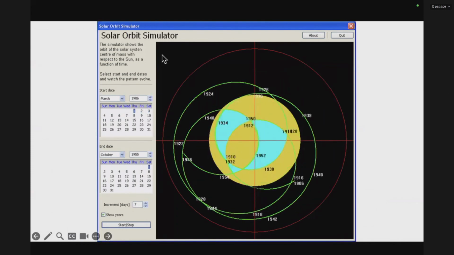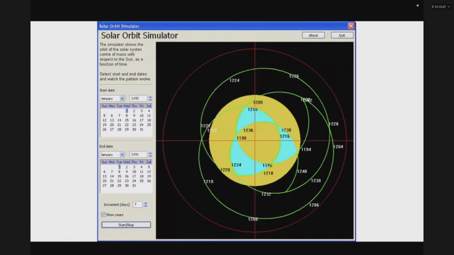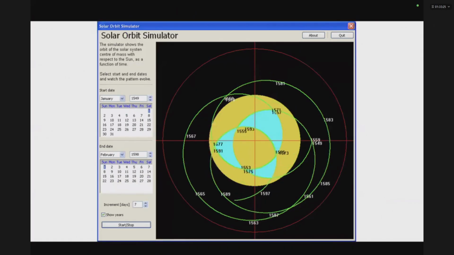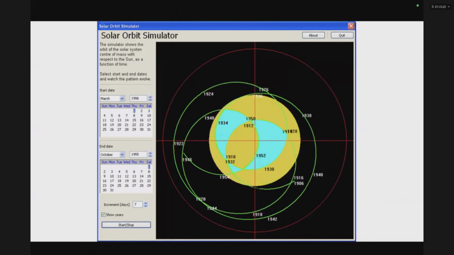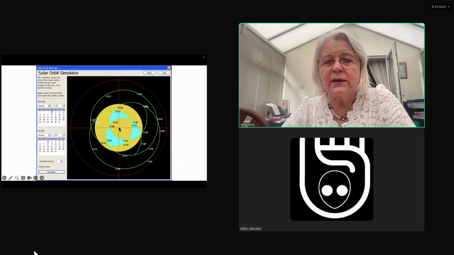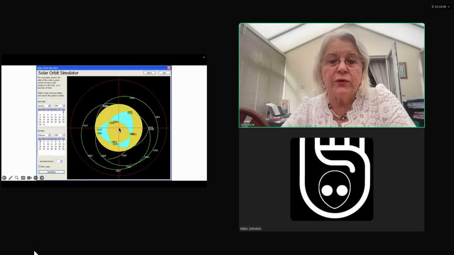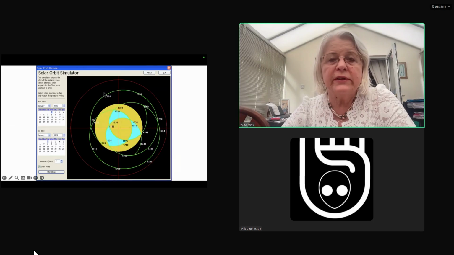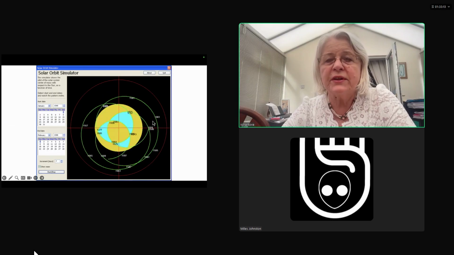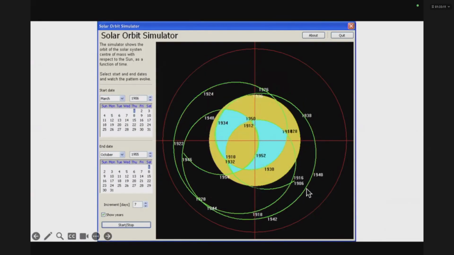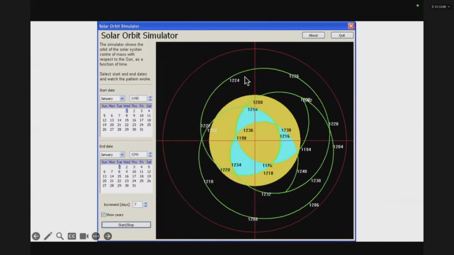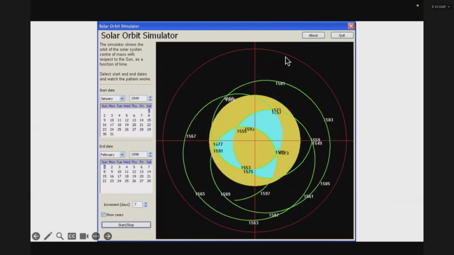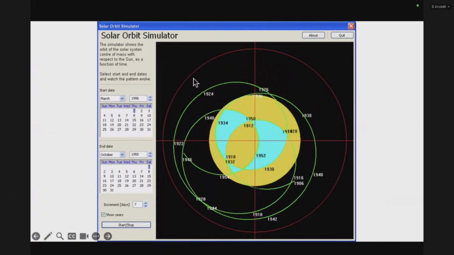You can dig and find it. It shows the cross in the center, which is the focus of the barycenter, and the green line shows how the sun moves in different years. You can see that in different years it moves closer either to the northern pole, to the Earth, or to the southern.